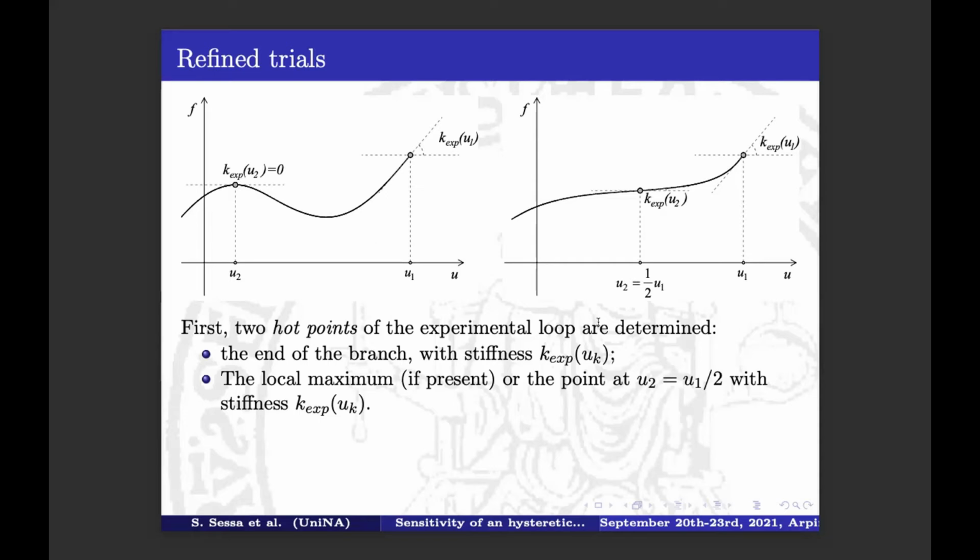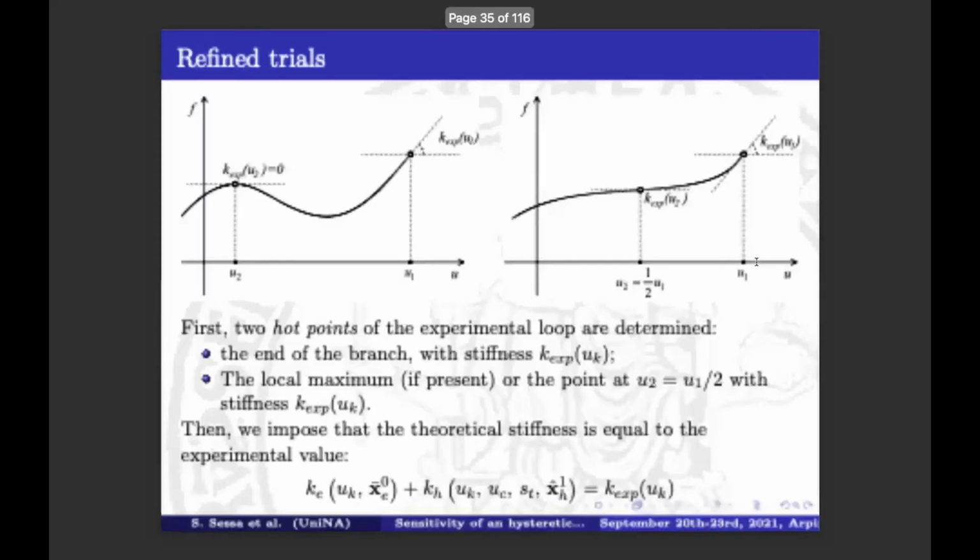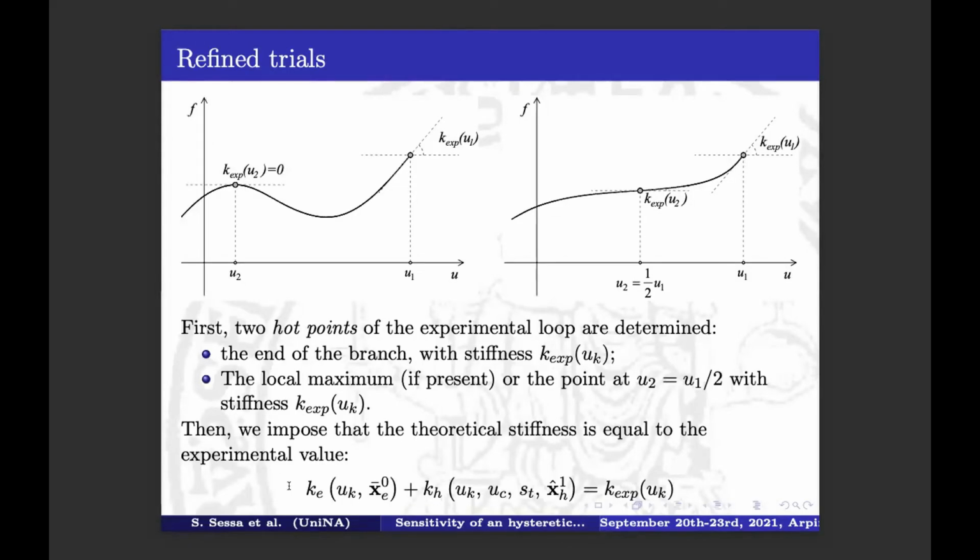If we don't have a maximum, then we just take the stiffness at the point that is at half of the maximum displacement. And so we get two experimental values of the stiffness, so that if we take the closed form function of the theoretical stiffness of the material, we can invert it.